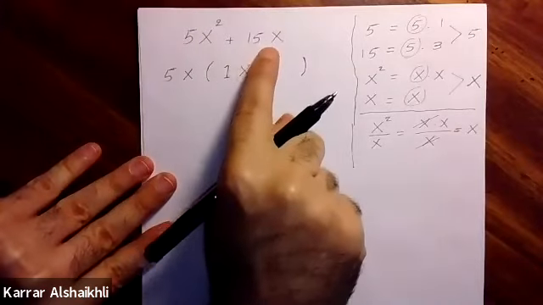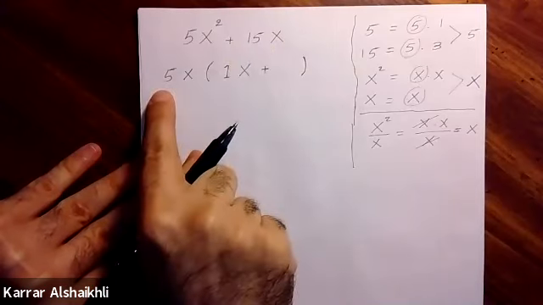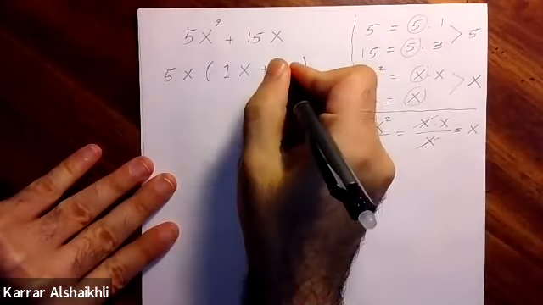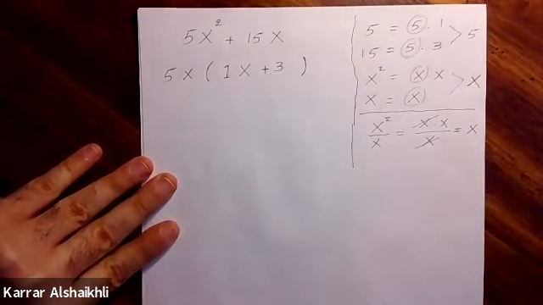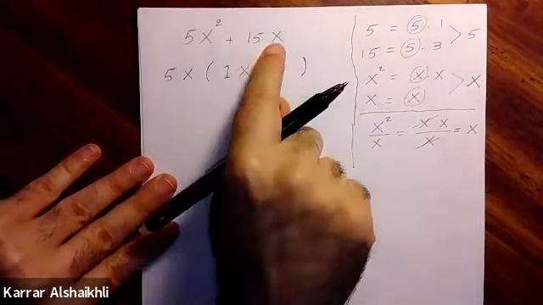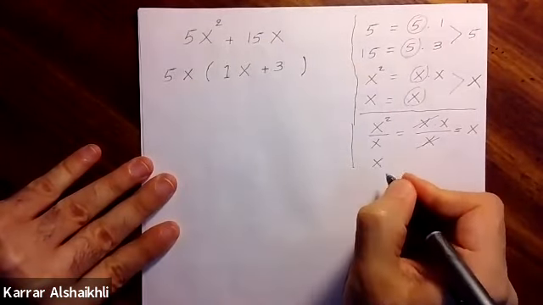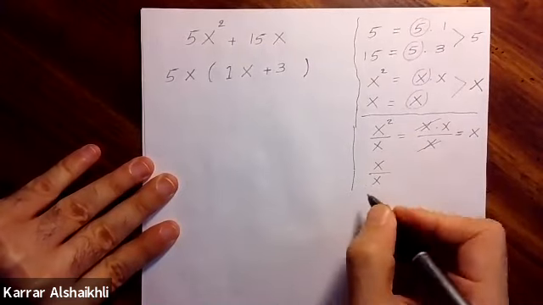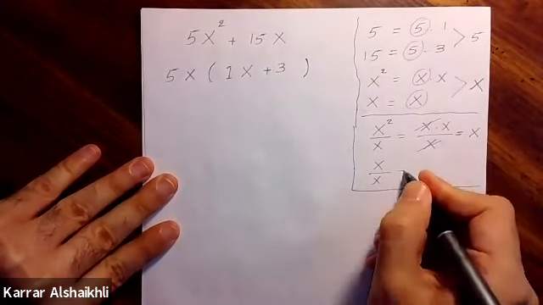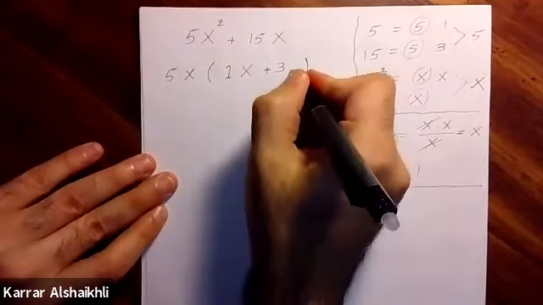Now, we're done from the first term. Let's go to the second term. 15 divided by 5 is going to be 3. X divided by x. How much is going to be x divided by x? 1. That means 3 times 1.